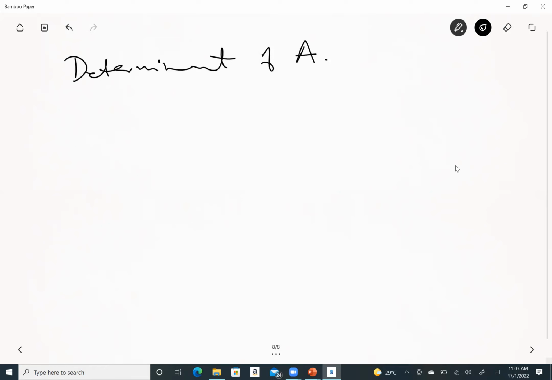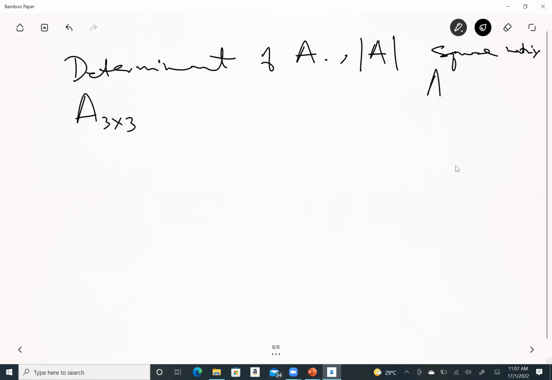Okay, I start with A, 3 by 3. How do you get the determinant? Now, determinant, we denote by the following notation: absolute value of A. And determinant is only for square matrix.